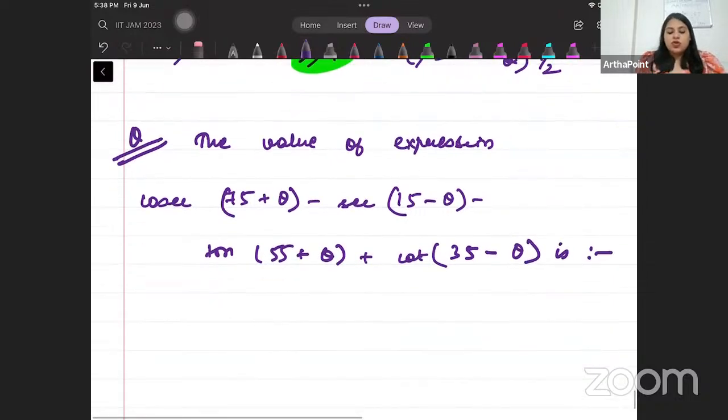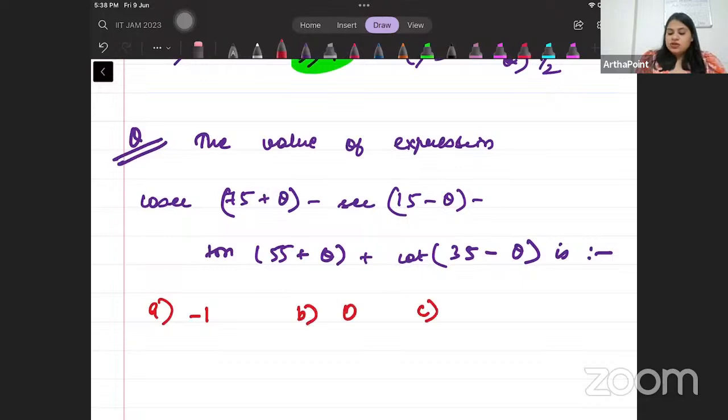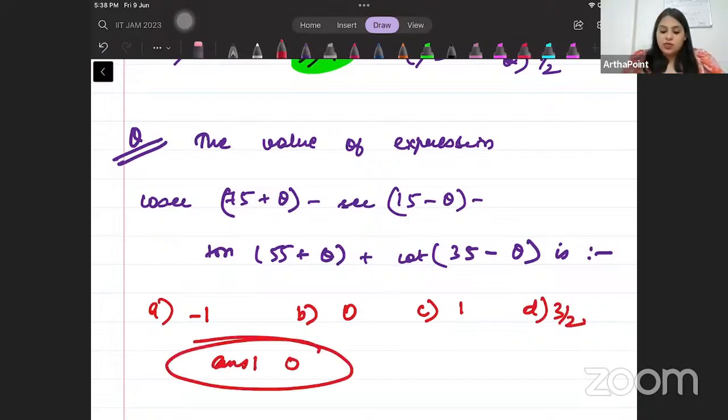So this is what you want to go ahead and try. And the options are -1, 0, 1, and 3 by 2. And I'm telling you that the answer that you should get should be 0. So take some time and try to do this question.